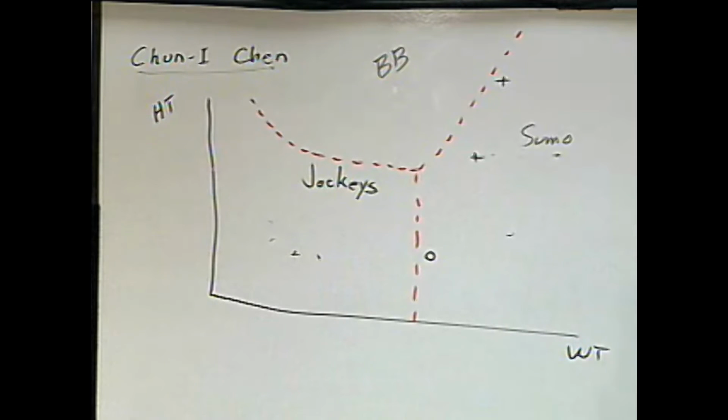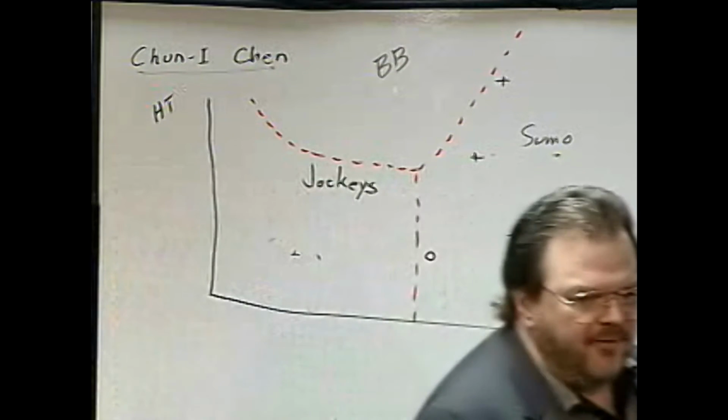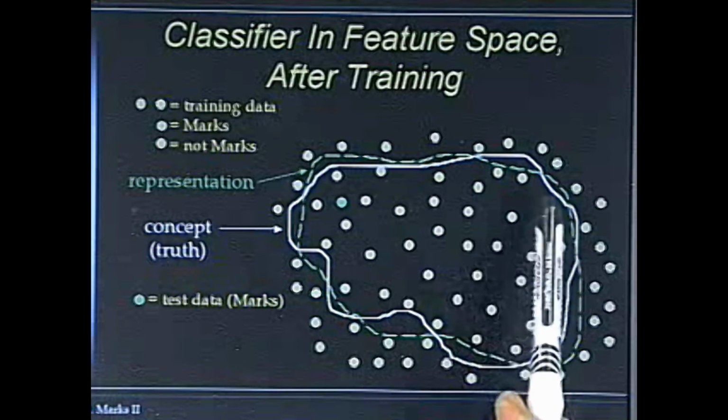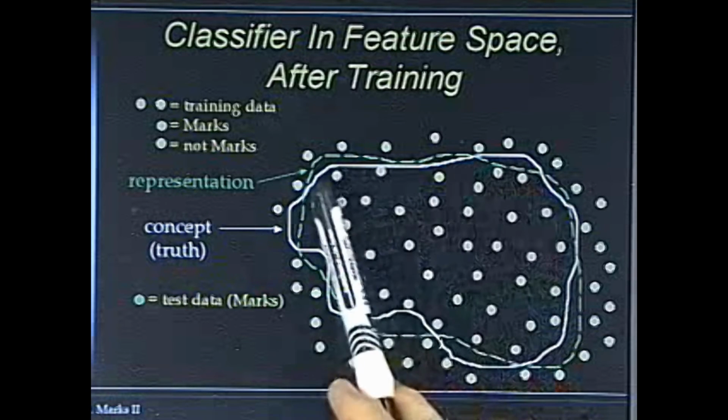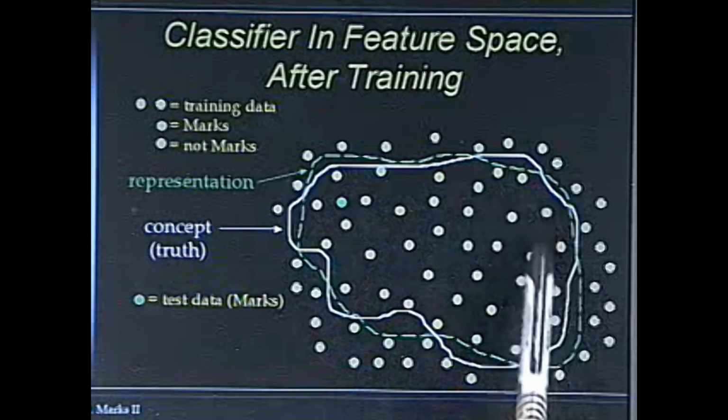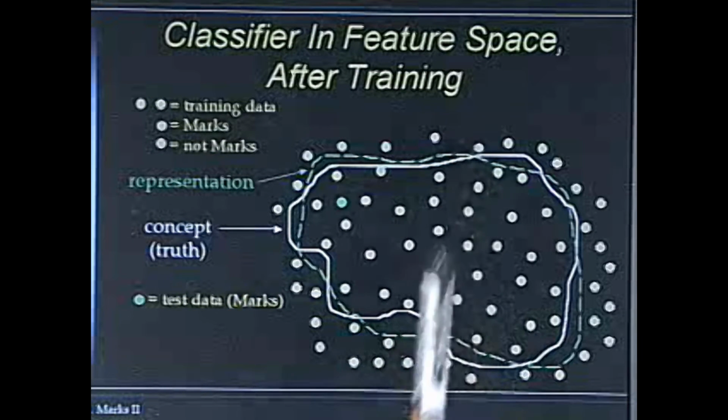Okay, with that in mind, let's go back to what we talk about in terms of feature space. We have a feature space, and I gave you the example of the jockeys and the basketball players and the sumo wrestlers. And again, the idea is to put some sort of boundary around the feature space in order to characterize one class from the other.